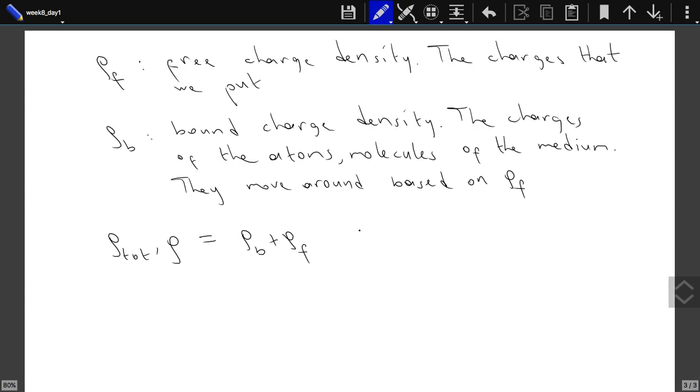So this creates the electric field. Rho F is the one that creates the displacement field.